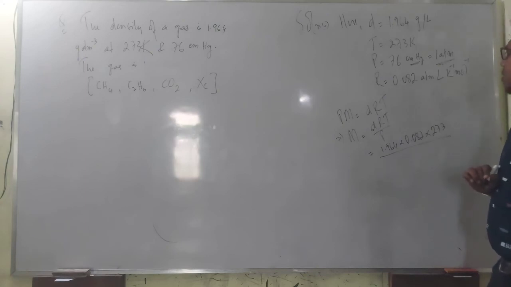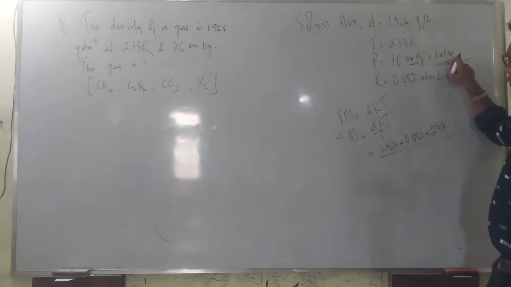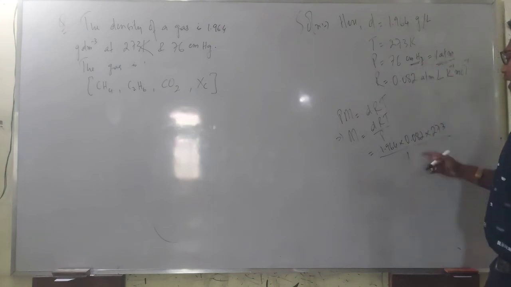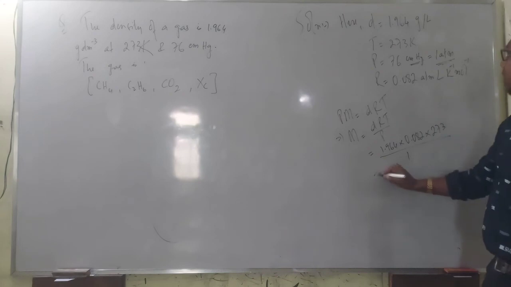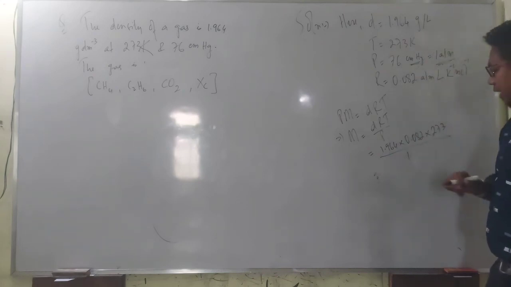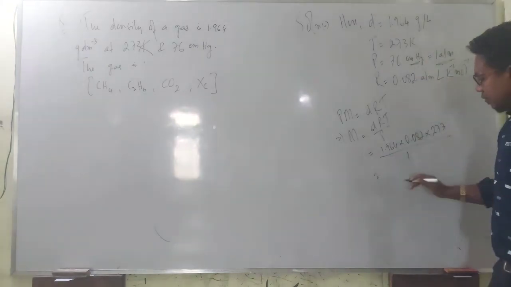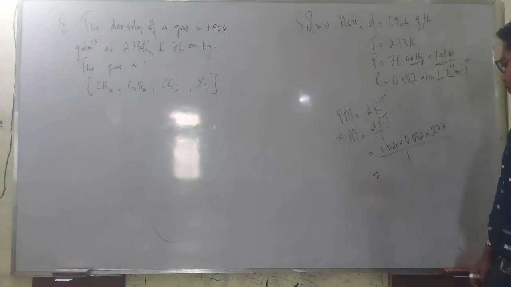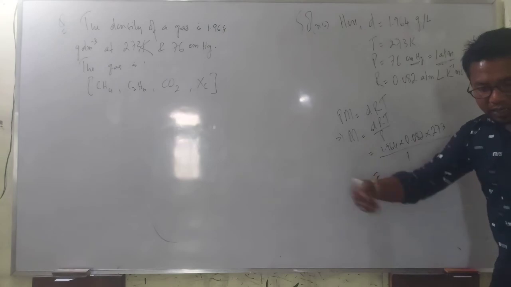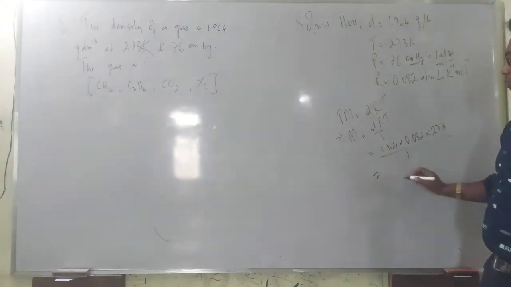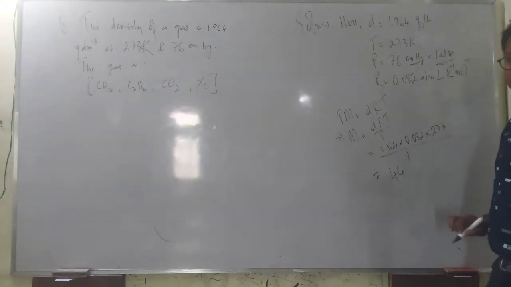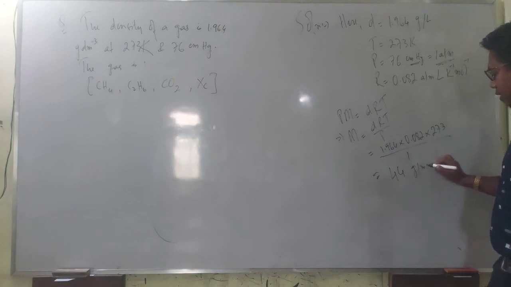P. P is 1 atm. This is the answer in gram per mole. Multiply it all with the calculator. I have already solved this question. This comes out to be 44. Okay. So this is gram per mole.